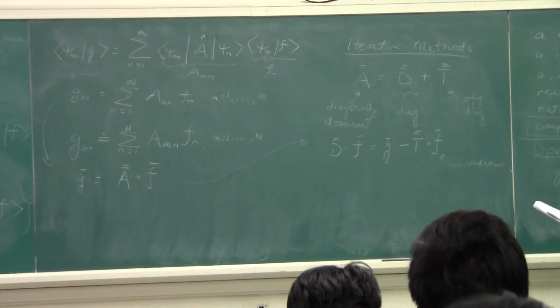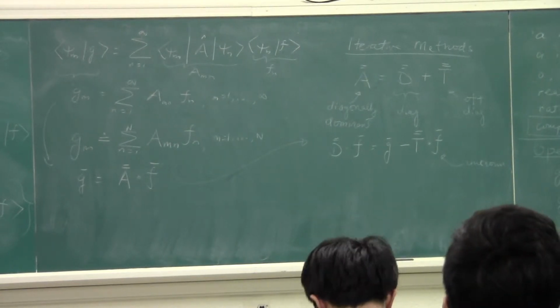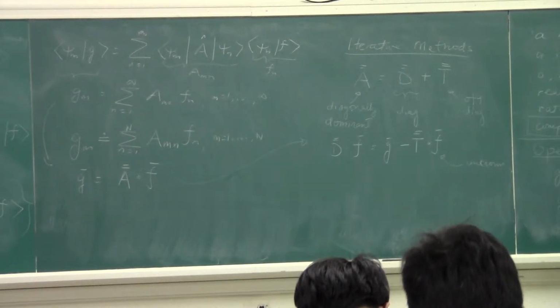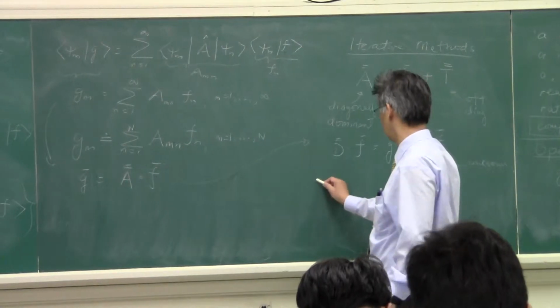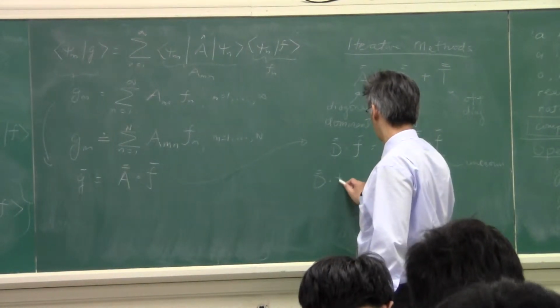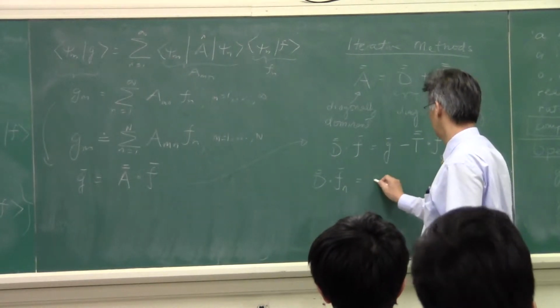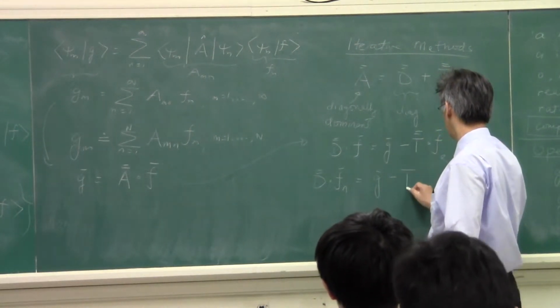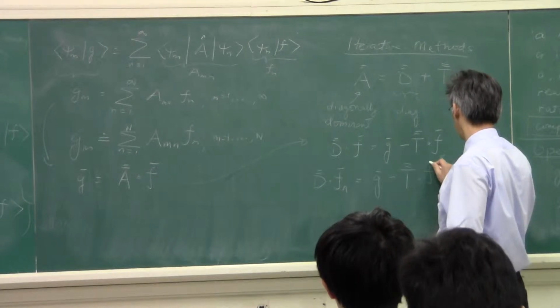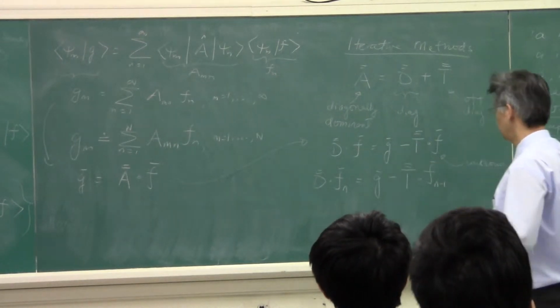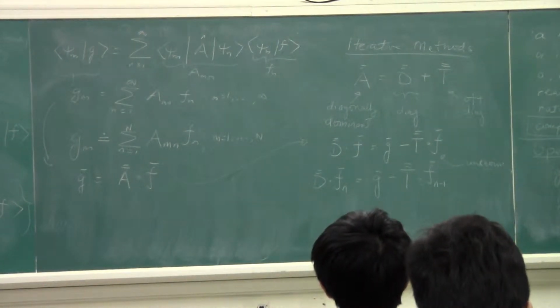In the iterative method, you will make a guess for the unknown, and you will solve this equation iteratively. Okay, if you make a guess for the unknown, you just plug in that guess and then find the next iteration in this manner. So this is called an iterative equation.